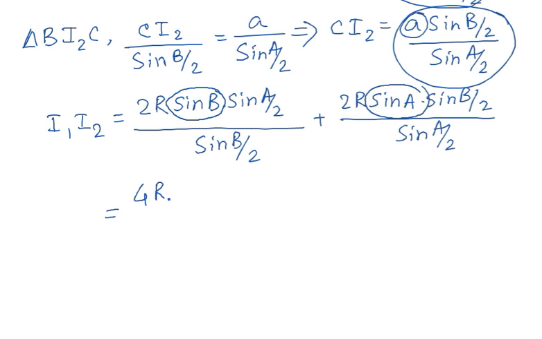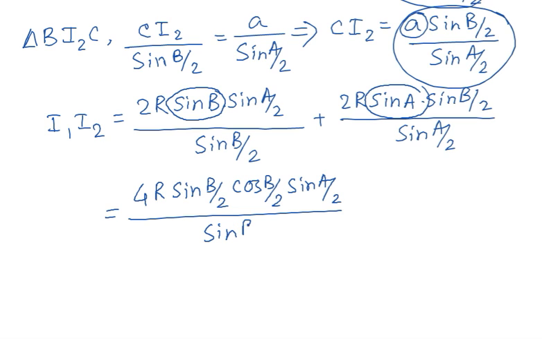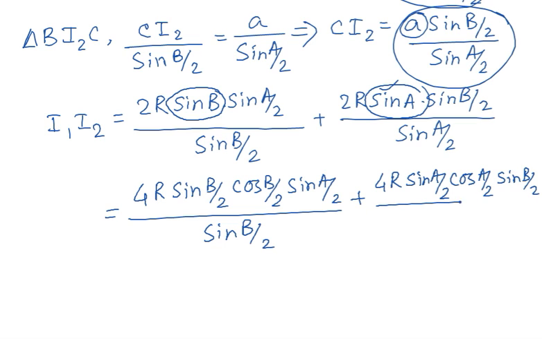So it will be nothing but 4r sine B by 2 cos B by 2 into sine A by 2 divided by sine B by 2, plus similarly 4r sine A by 2 cos A by 2 sine B by 2 divided by sine A by 2. So we can see sine B by 2 cancels out and sine A by 2 cancels out.